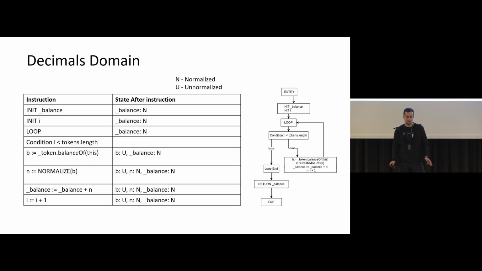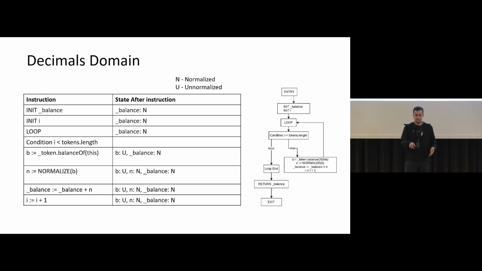But it's a good assumption to assume that everything is normalized in this case, right? And then when you see the line where we are reading the B, the token balance of this, you can assume we are returning an unnormalized value, right? So any query of balance of will be unnormalized. And only after we are passing that n is normalized of b, we assume that n is normalized, right?